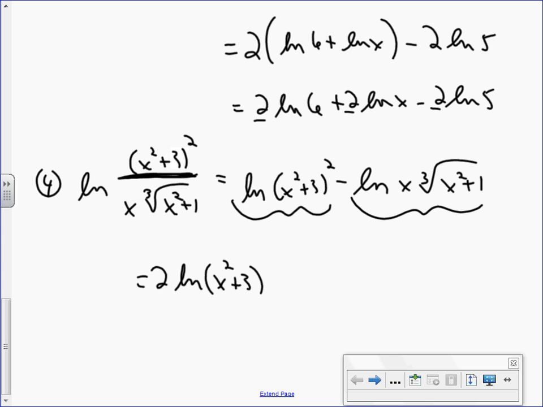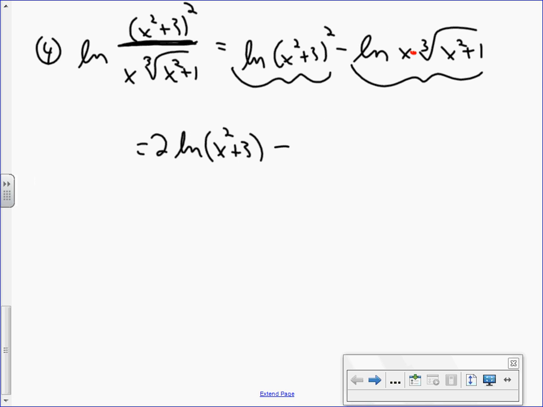And with this one, I've got a couple things going on, but the first one is that multiplication right there. So this is minus the natural log of x plus the natural log. I'm going to go ahead and change that to an exponent, 1/3. Notice that I put brackets, and that's to make sure I don't forget that that minus is attached to everything that comes from this natural log, all of it.